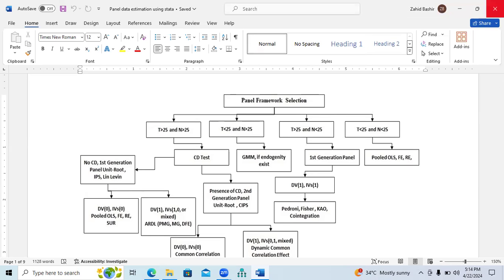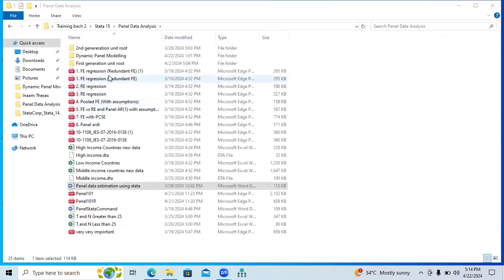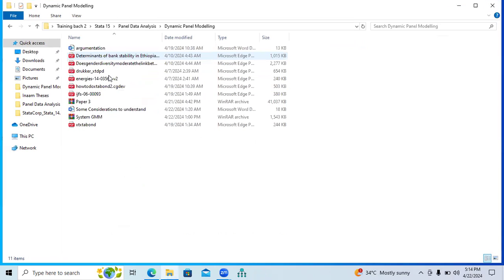In detail, I would like to discuss with you dynamic panel data modeling, where we discuss a lot of things regarding N greater than 25 and T less than 25.